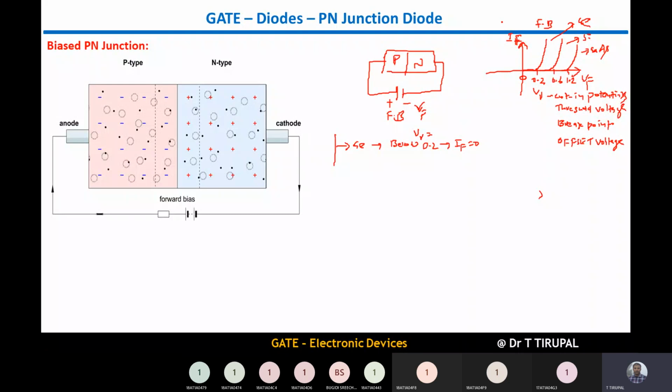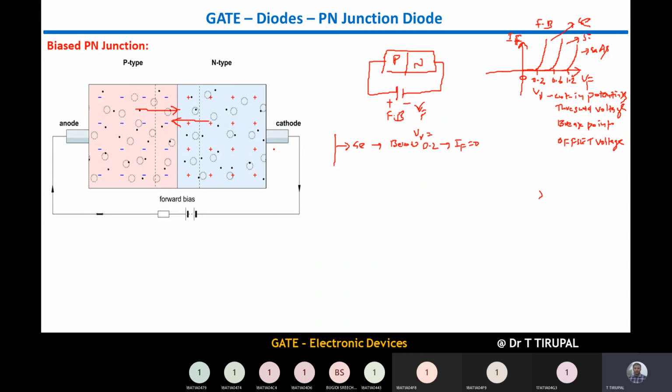Now you can see this figure, forward bias, the depletion region decreases actually. Here in forward bias, the charge carriers move from this point to this point, and from this point to this point. So the depletion region decreases, and at a point the depletion region becomes 0. What is that point? The cut-in potential point, that is V gamma.